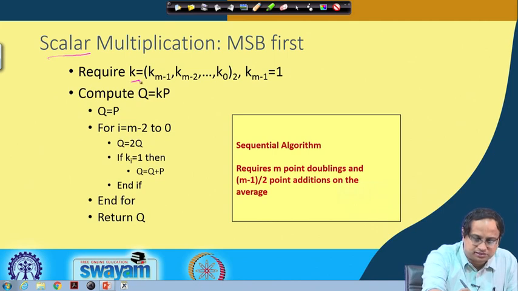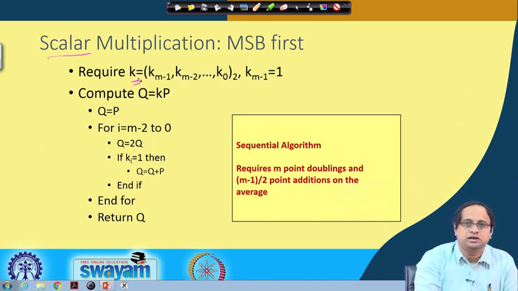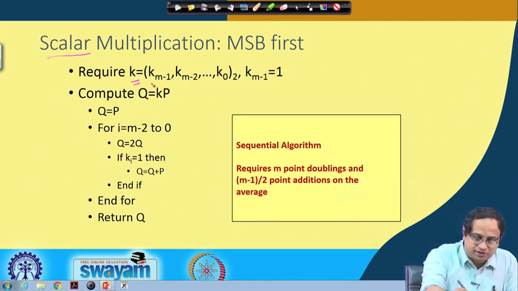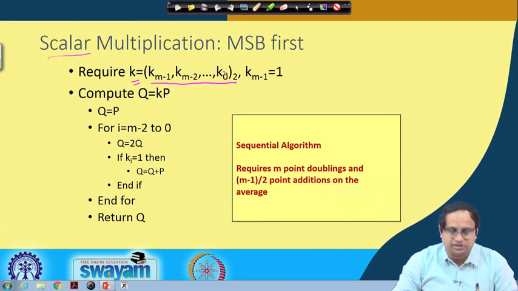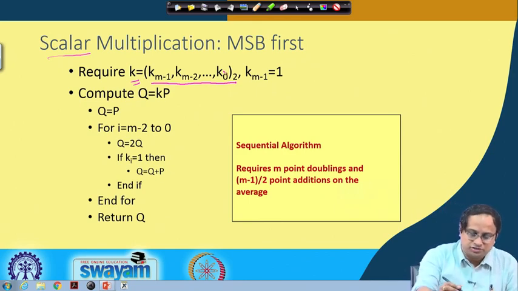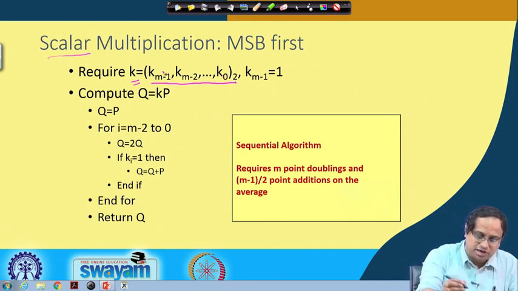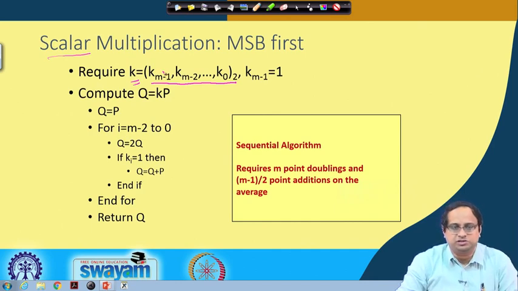This k is often referred to as a scalar, and here we expand it in binary format. That means km minus 1 till k0, so we have used m bits to represent k, and all of these terms like k0, k1 till km minus 1 are either 0 or 1. So, this is the binary expansion of k.